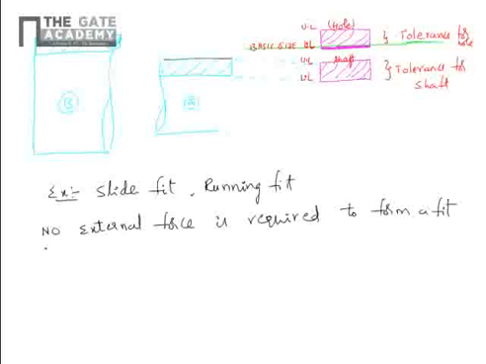Here in clearance fit the allowance is called clearance. You don't need to remember the formula, if you understand the concept then you can do any problem. Maximum clearance: if you look at the diagram, the maximum difference is the maximum clearance.